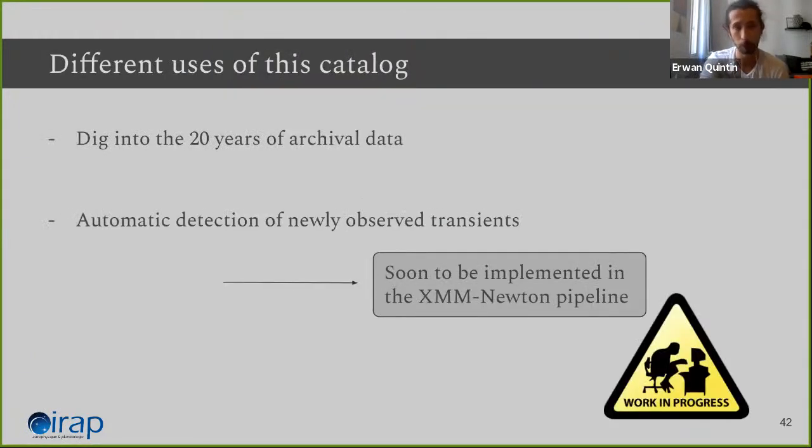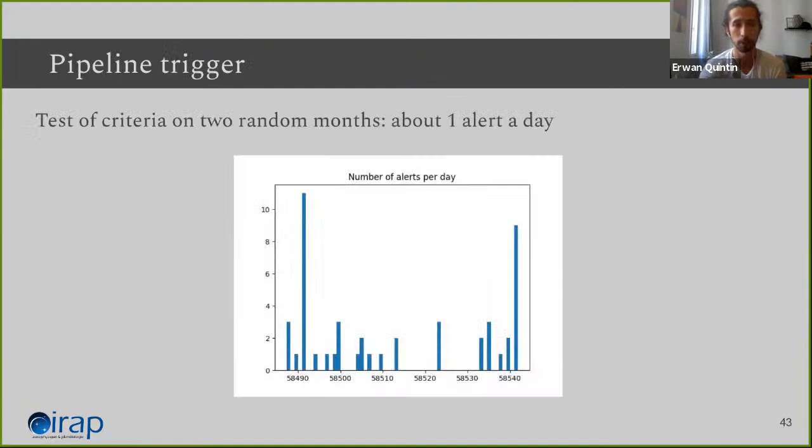So our catalog allows us to dig into 20 years of archival data, but it also allows us to detect newly observed transients by simply taking the new detections and comparing them to master sources and seeing if this adds variability. So we took 2 random months of XMM-Newton data and tried to see if we could get transient alerts.